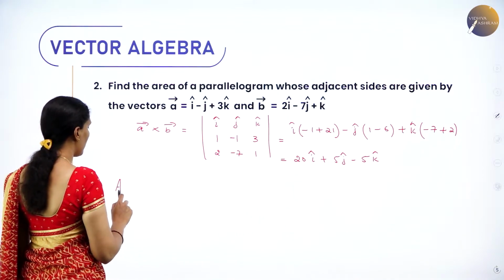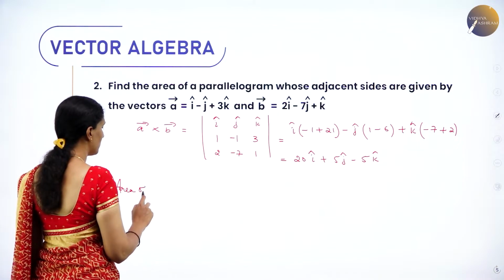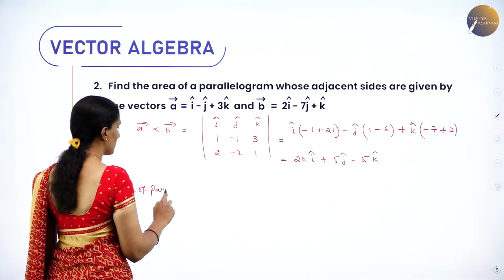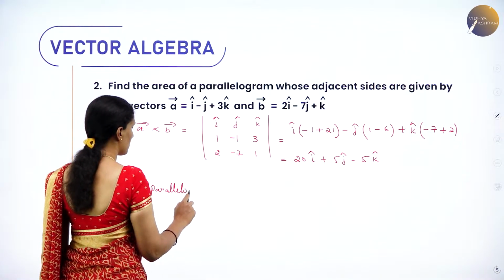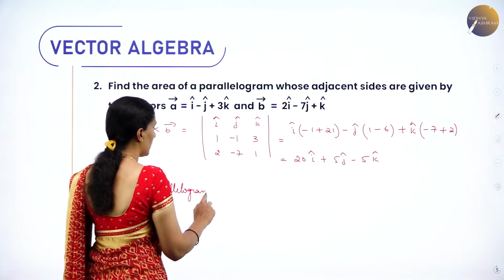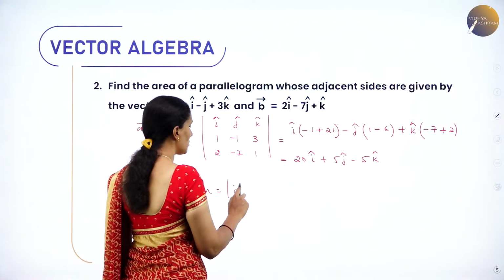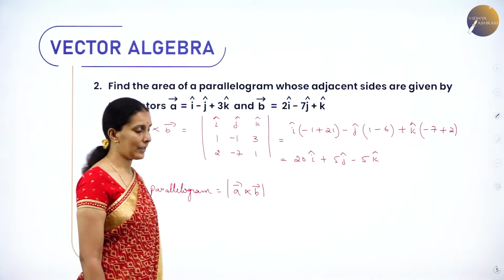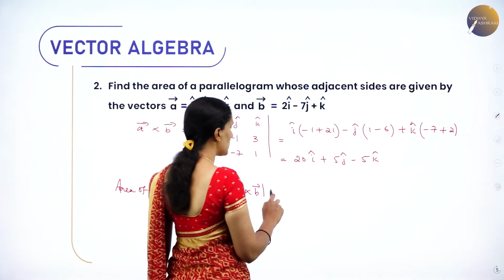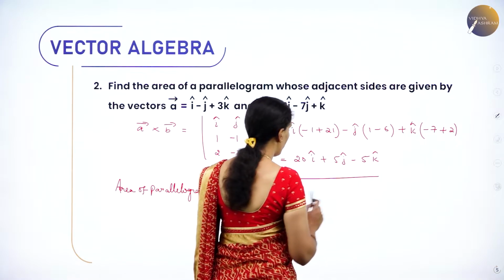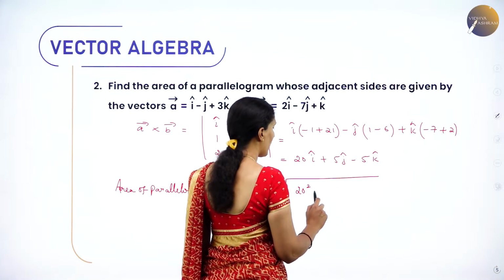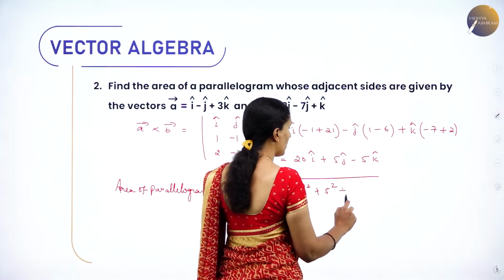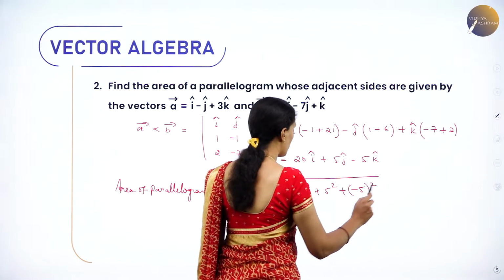So this is the vector A cross B. Now area of parallelogram is nothing but modulus of vector A cross vector B, magnitude of vector A cross vector B. So which is square root of 20 square plus 5 square plus minus 5 whole square.